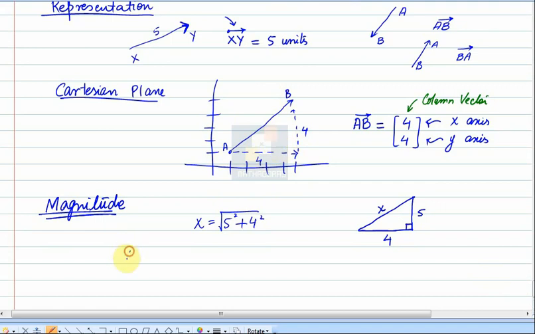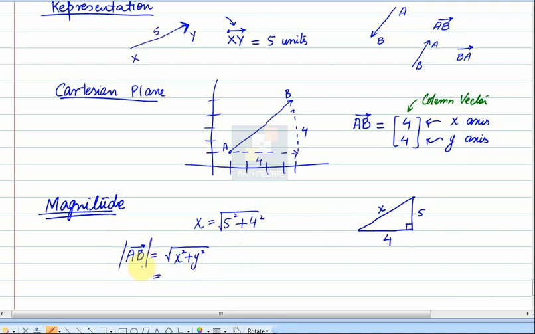If I want to find out the magnitude of AB, the working formula is x square plus y square, and we got this formula with the help of Pythagoras. That is the same approach, same technique, right? The working formula to find out the magnitude is x square plus y square.